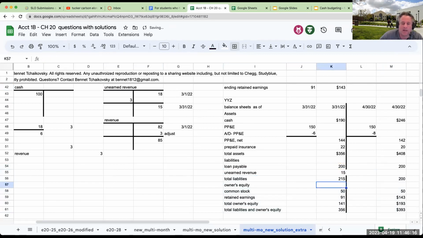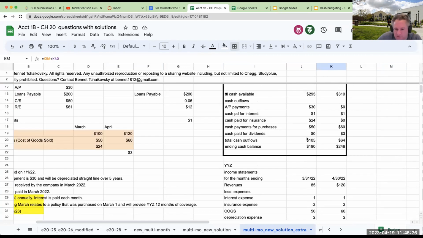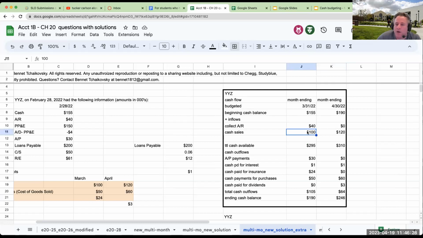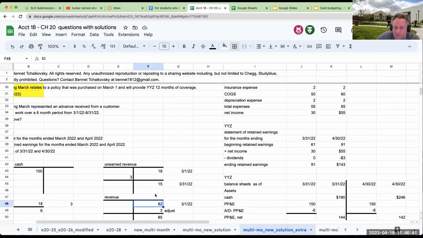So my total liabilities are now 215, and everything is balanced in my balance sheet. Again, because I made this hypothetical, 100 of this, 18 of it was an advance, what I have to do is isolate that advance out of the revenue, which is what I did right over here.